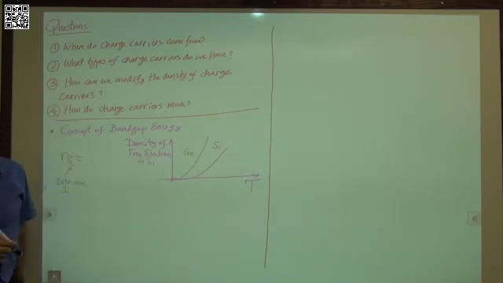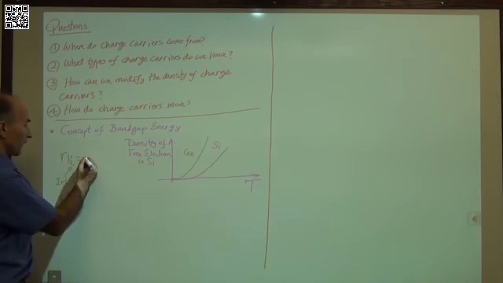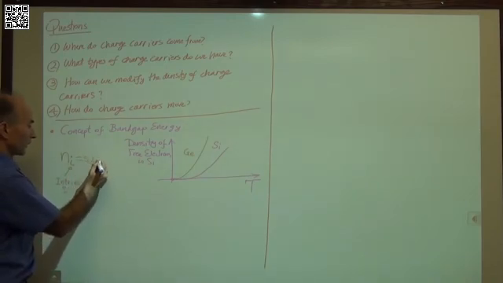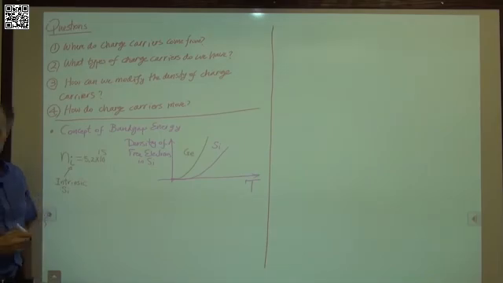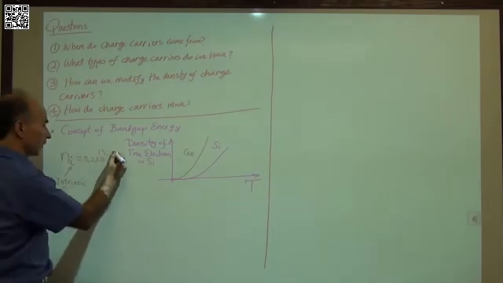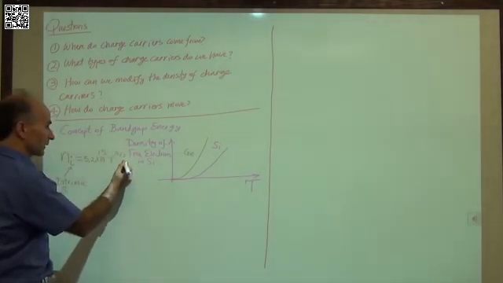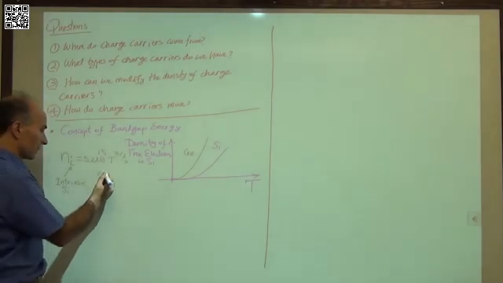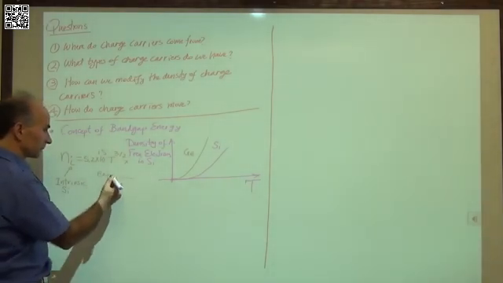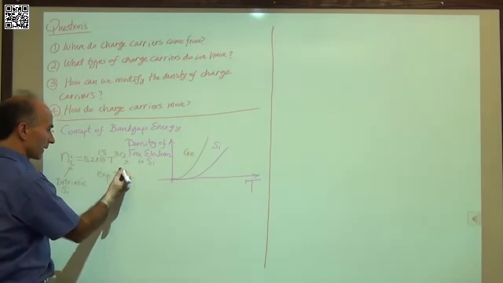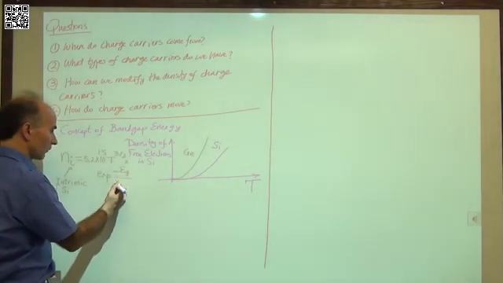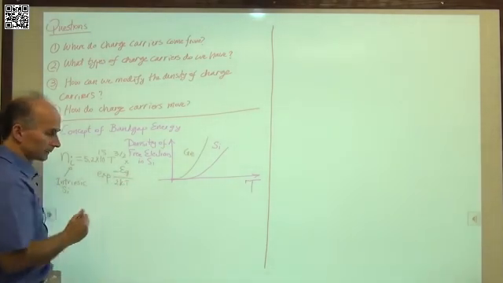So let me write the equation. It's 5.2 times 10 to the 15, times T to the power of 3/2, times exponential of minus Eg over 2kT.